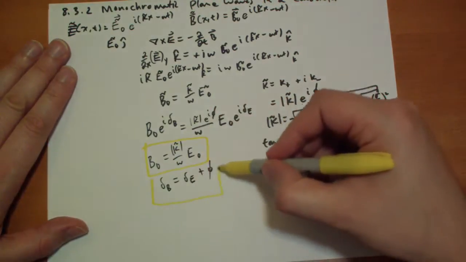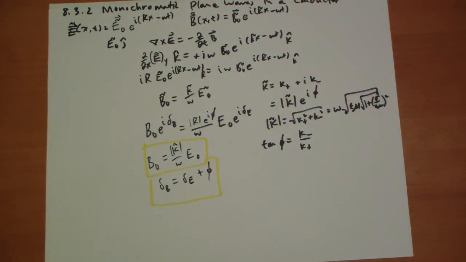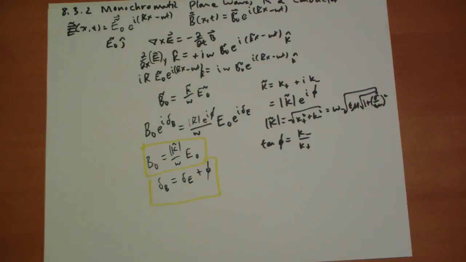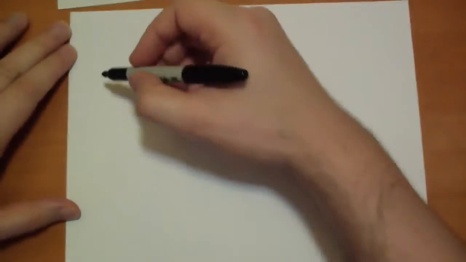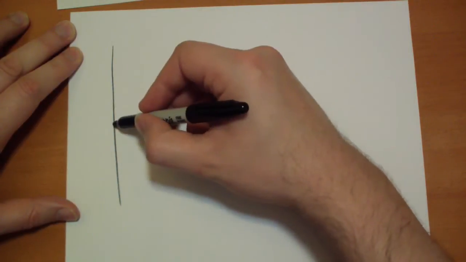So the B field is trailing. It's not in sync with the E field like it was in non-conducting media. It's actually trailing it. To get a better picture of what that looks like, let's take the reals of these and let's draw a graph here. Let's get a nice big piece of paper here. So here we have that.